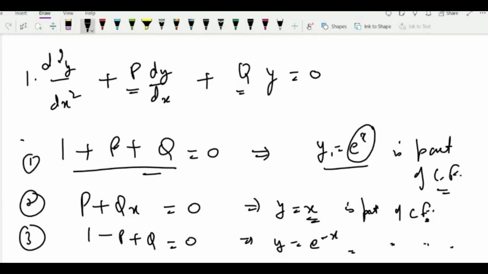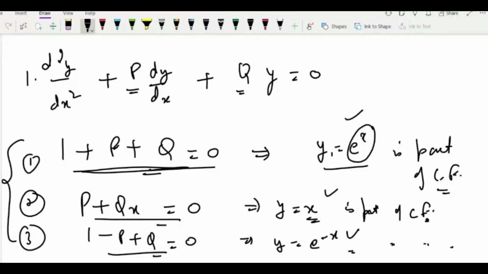So more generally we have e^x, x, e^(-x). These are parts of the CF. So these are direct shortcut tricks to check whether they will be in the CF or not. These are going to be very useful in finding the CF. If you have any type of equation and this relation is satisfied, then you can directly say these are going to be part of the CF.